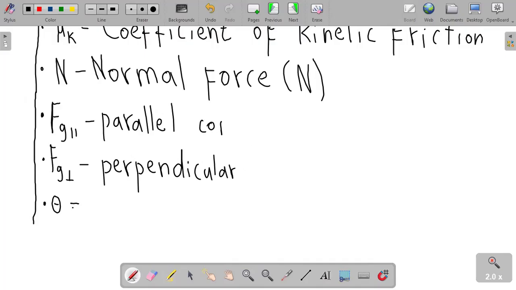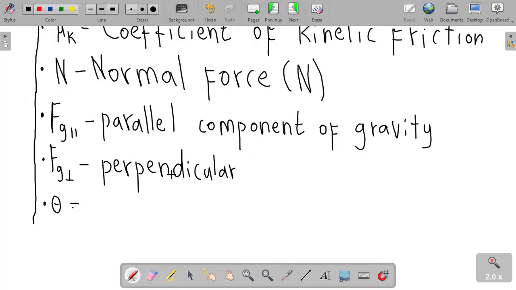Parallel component of gravity. Perpendicular component of gravity. So this is the perpendicular component here of gravity.